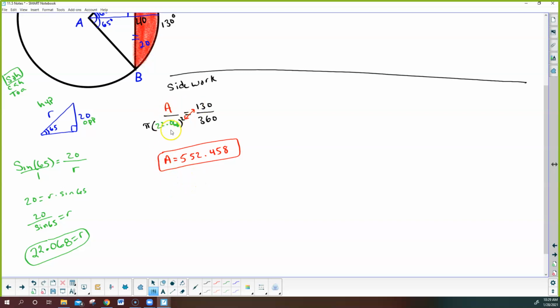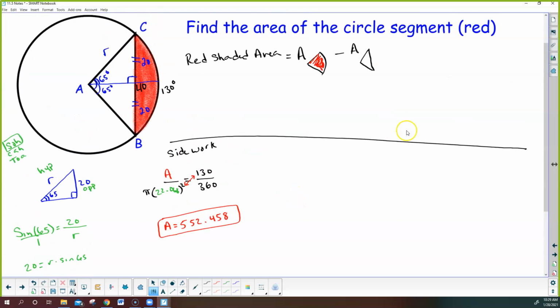You don't have to show all of it, all I need to see is this setup. You can do the rest in your calculator because I'll know that you cross multiplied the area of the circle times 130 and divided by 360 to get this. That's why it's important to show how an equation is set up.